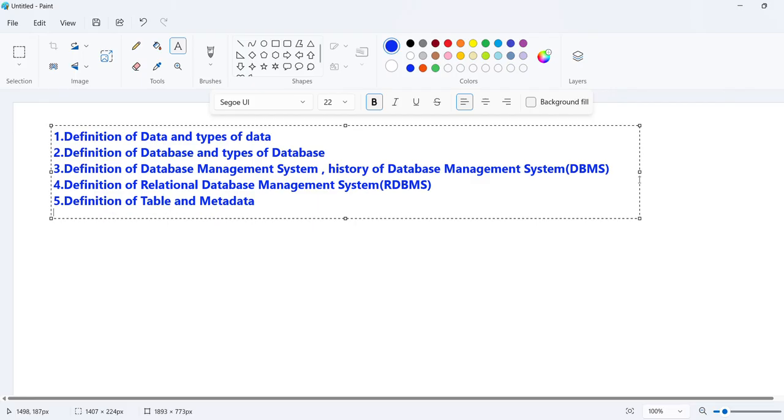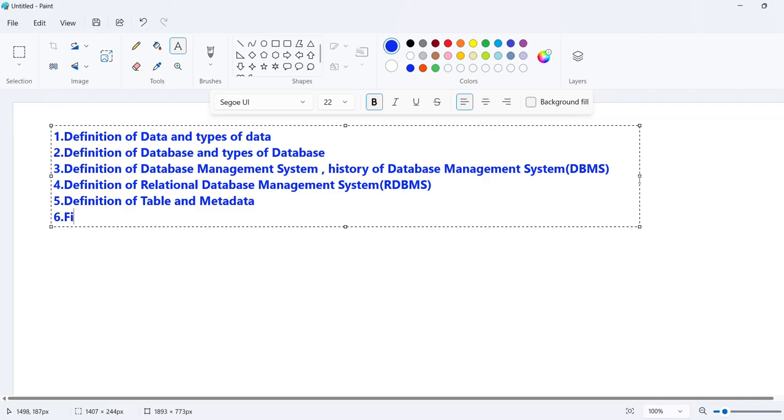Then we will read about file management system, shortly called FMS, and its disadvantages.